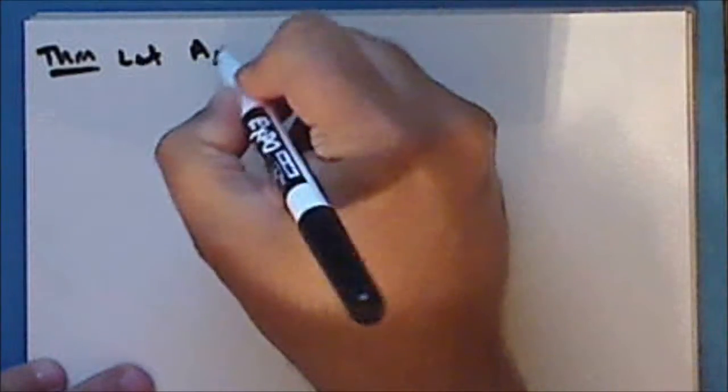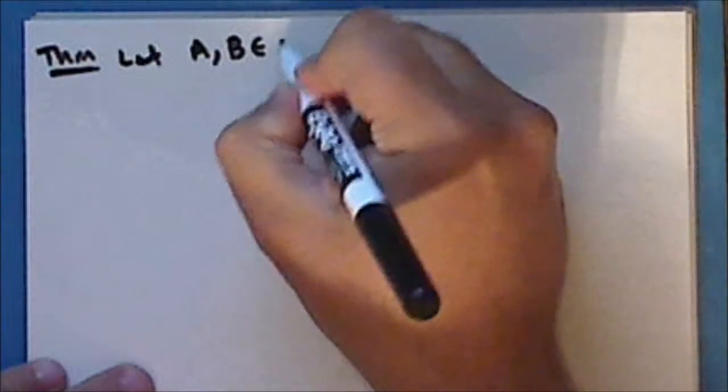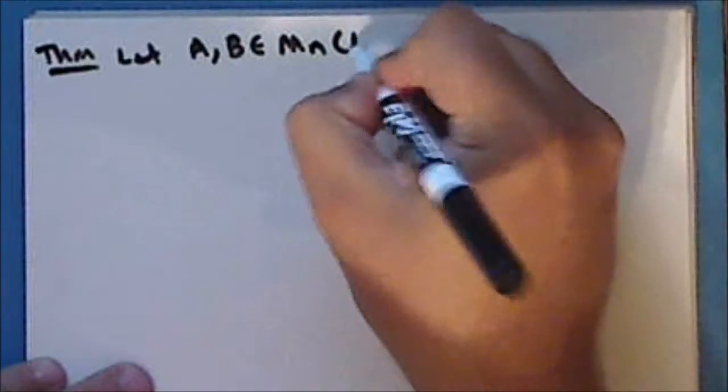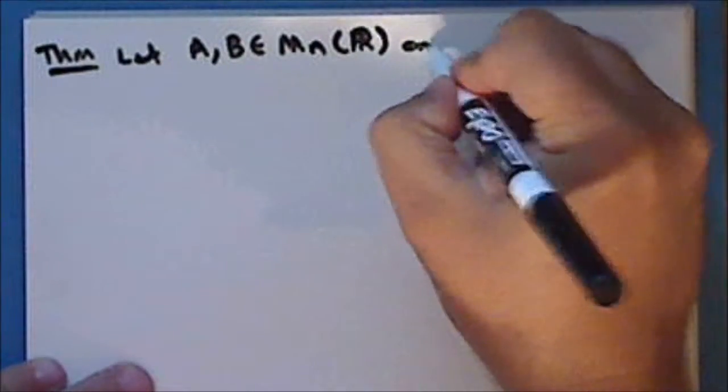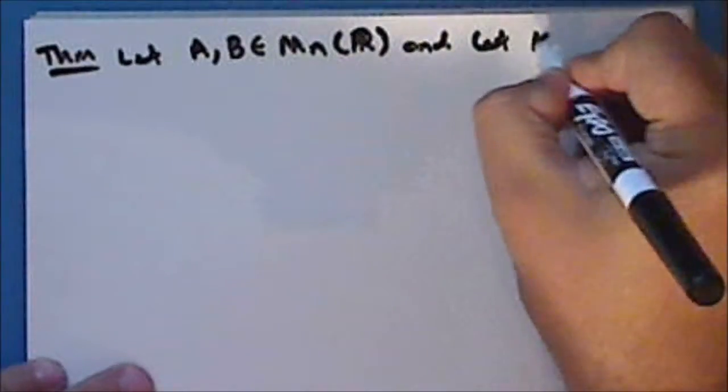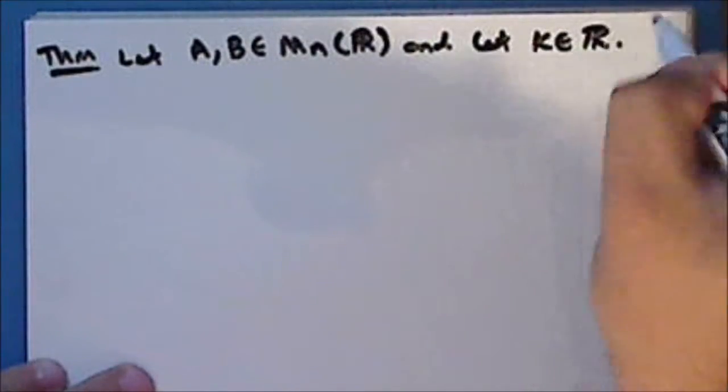So the theorem: let A and B be square matrices of order n with real entries, and let K be any real scalar.